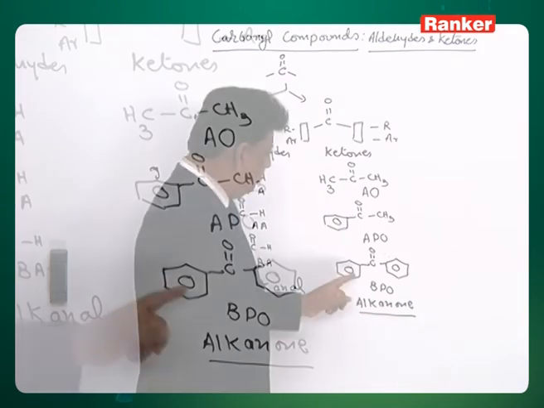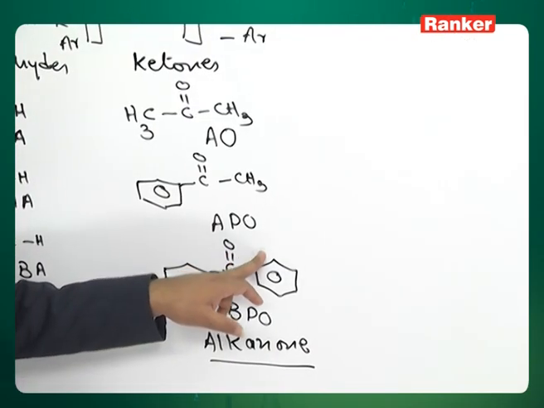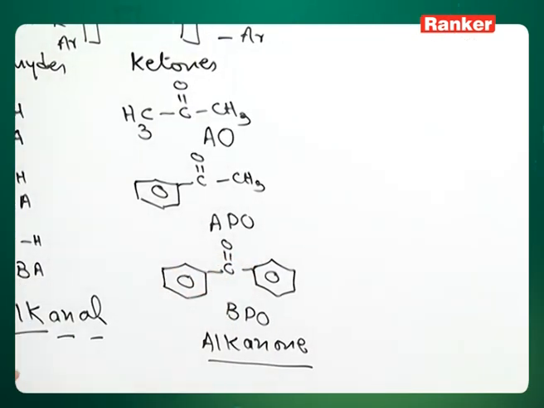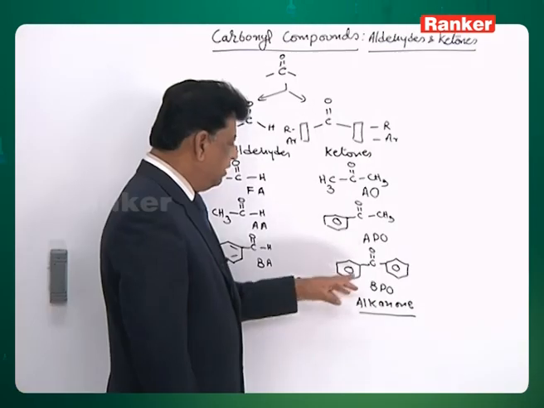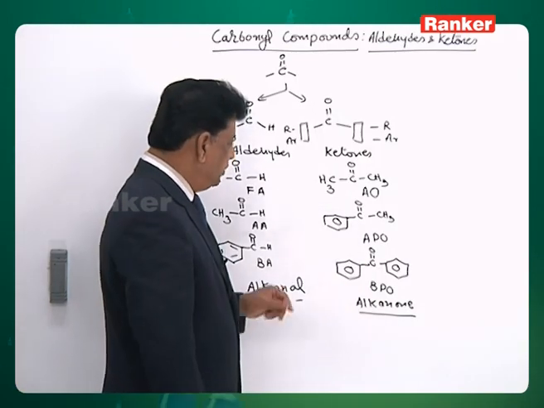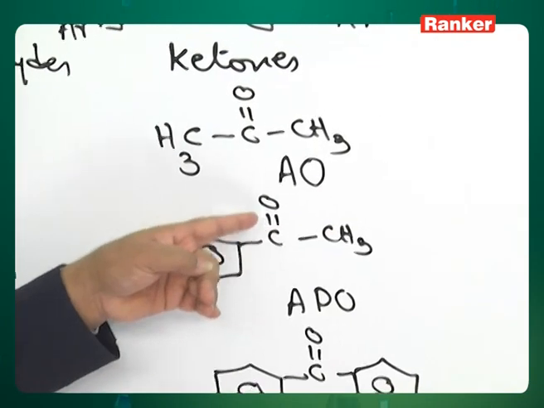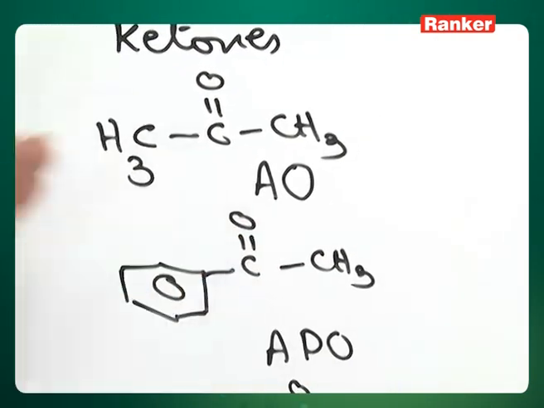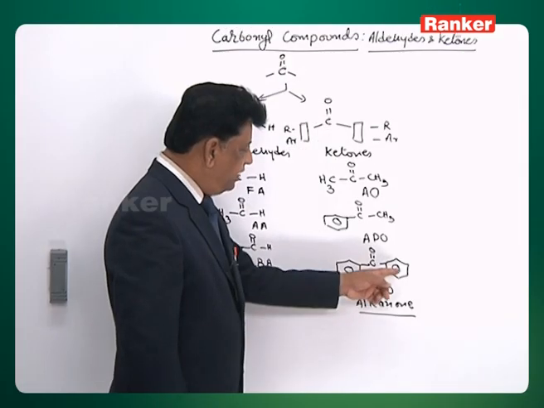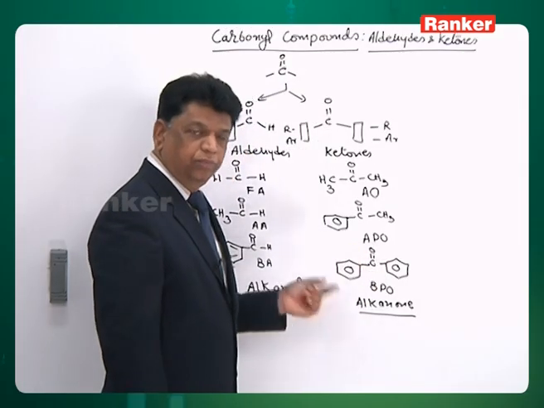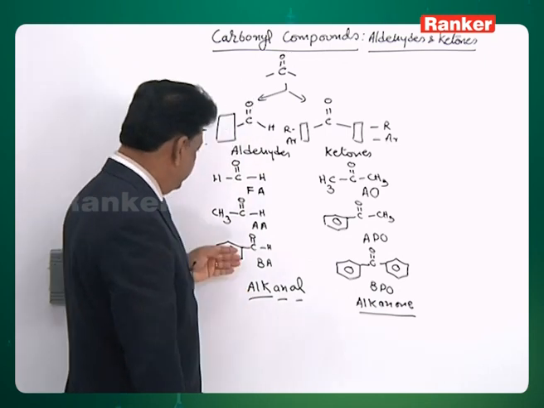When aromatic systems are there, however, the IUPAC nomenclature, that is the number of carbons representing, cannot be done fully. So, this can be taken as a phenyl. So, phenyl containing ethanone, phenyl ethanone will be the IUPAC name. Diphenyl methanone, that is the IUPAC name.